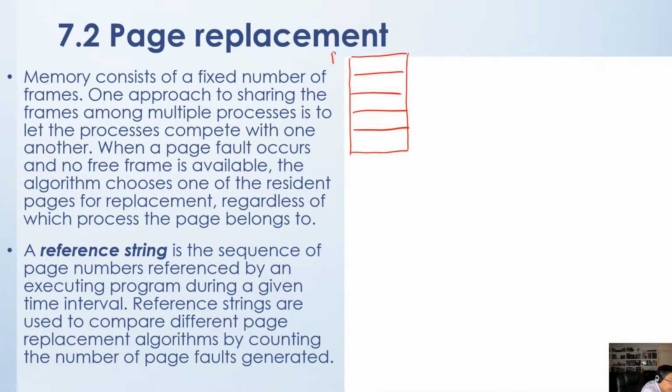Let's say this is process 1. Now in a multi-programming environment, a computer operating system may support multiple processes, right? So then we have another process, which is a little bit smaller, P2, and P3, another process.